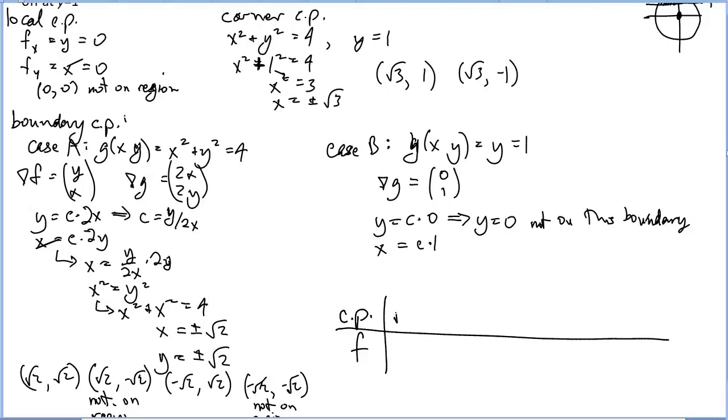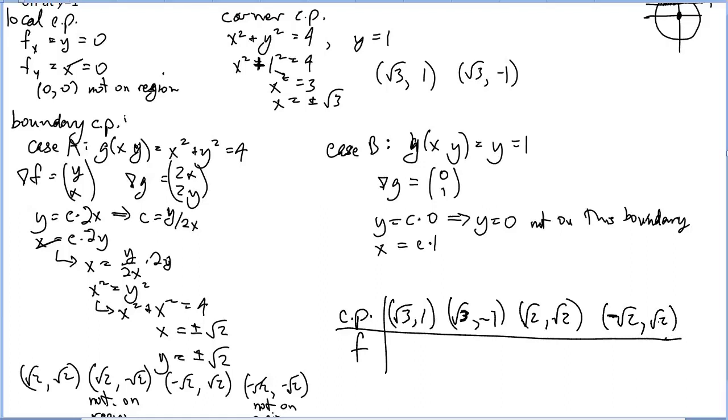Corner critical points, we liked (√3, 1) and (√3, -1). And then the boundary critical points that are actually on our region, (√2, √2) and (-√2, √2).